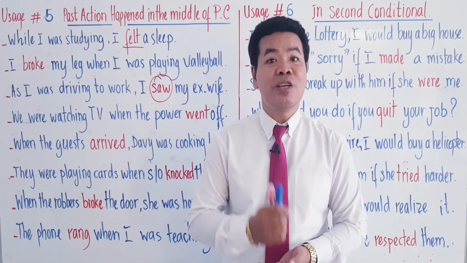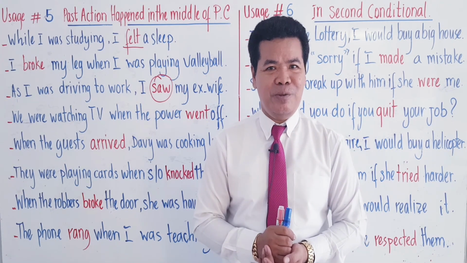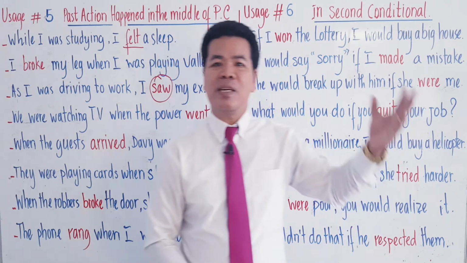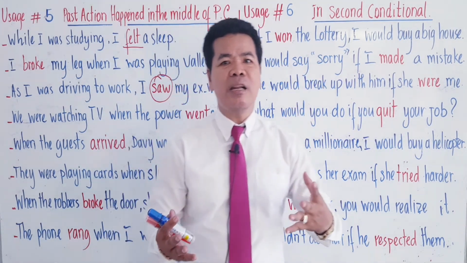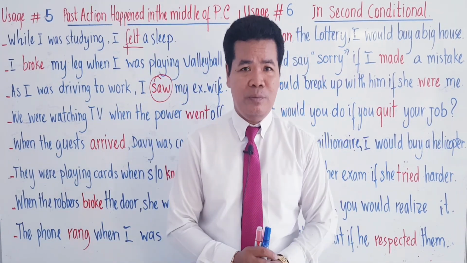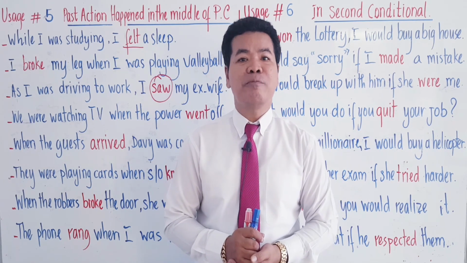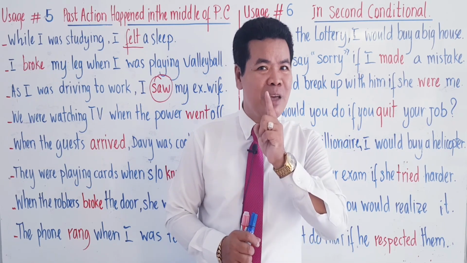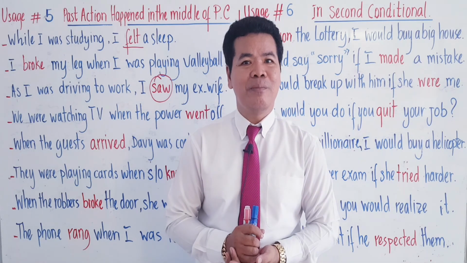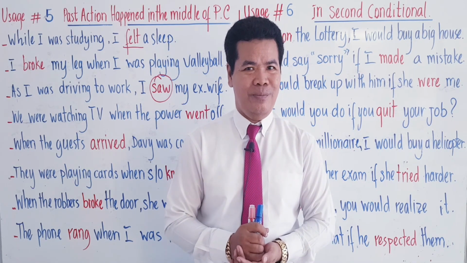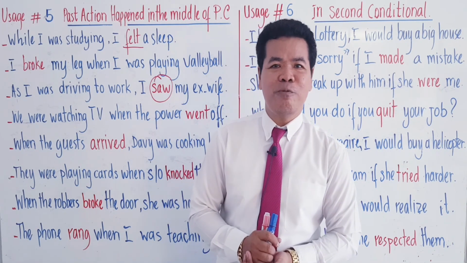Okay? But I just show you a little bit about the past continuous, right? And also the second conditional. We still have not learned about the second conditional. But anyway, you have to know that part of the second conditional has the past simple. Understand? So that's all for me today.